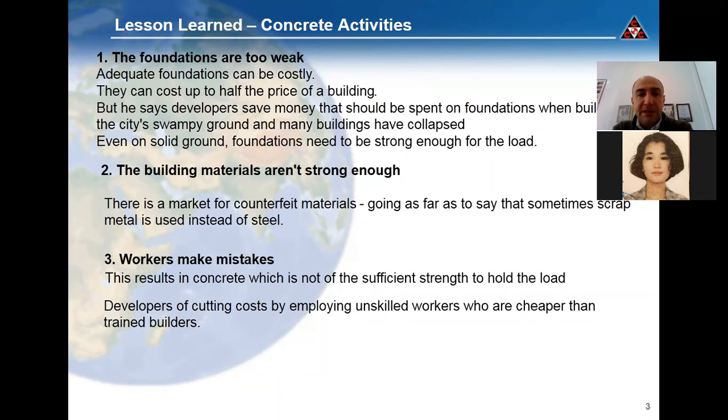Next, building materials are not strong enough. I already talked about how concrete and reinforcement should be strong enough. When we design a project, of course, we try to apply concrete whose durability will be sufficient according to the calculation.